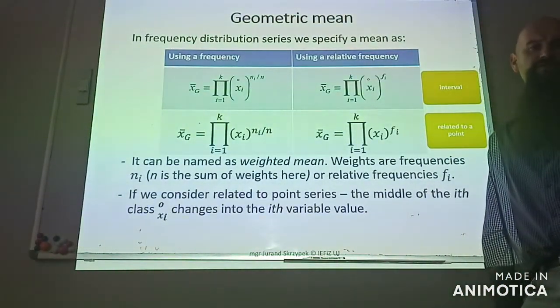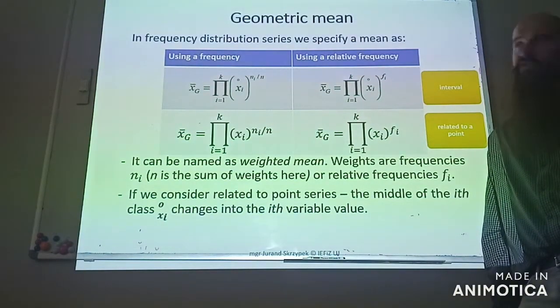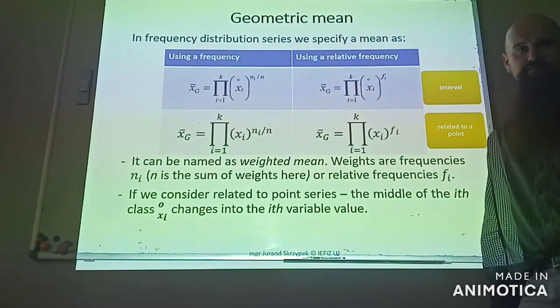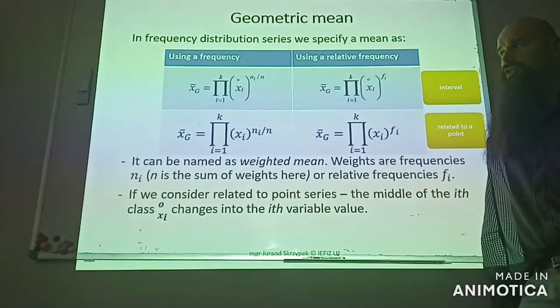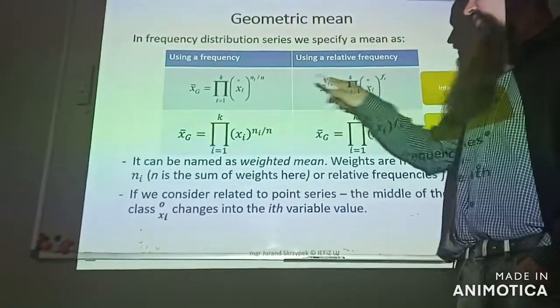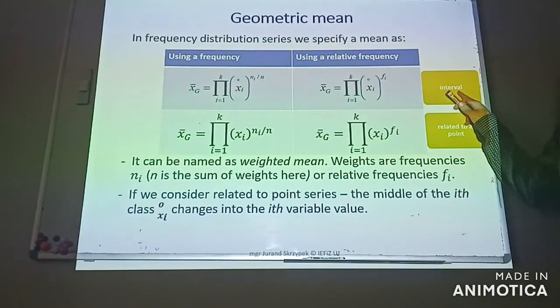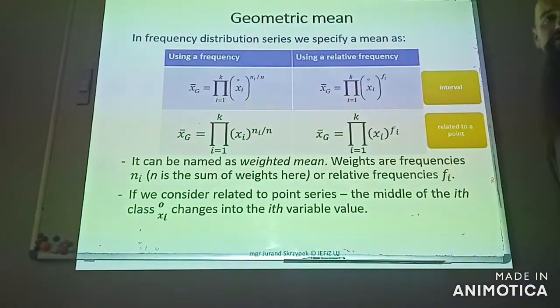We can also compute successfully a geometric mean in the frequency distribution series. The only things that we need are the middle of the classes in the interval series and the values of the considered variable in a point series.